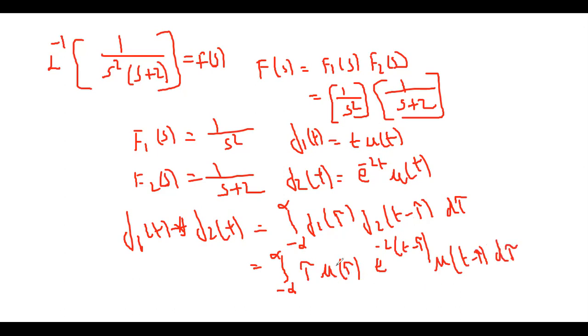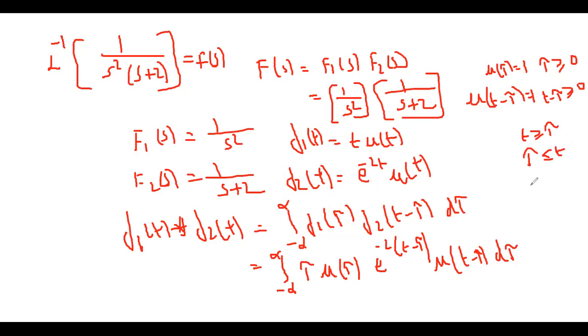What is mu of tau? It is equal to 1 for tau greater than or equal to 0. Similarly, mu of t minus tau is equal to 1 when t minus tau is greater than or equal to 0, that is, t is greater than or equal to tau, and tau is less than or equal to t.